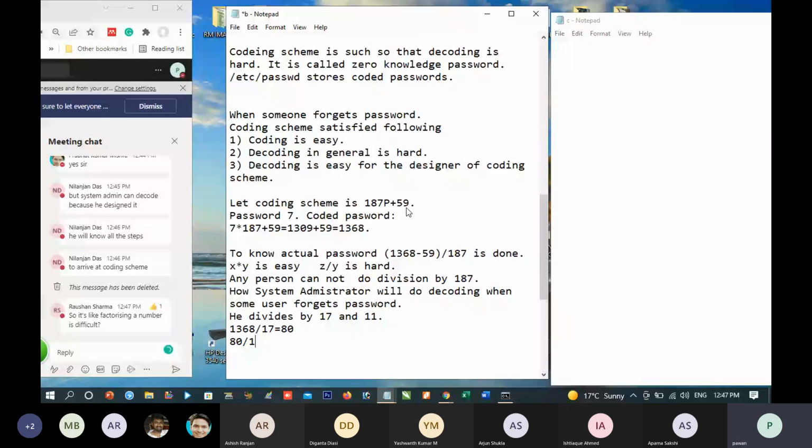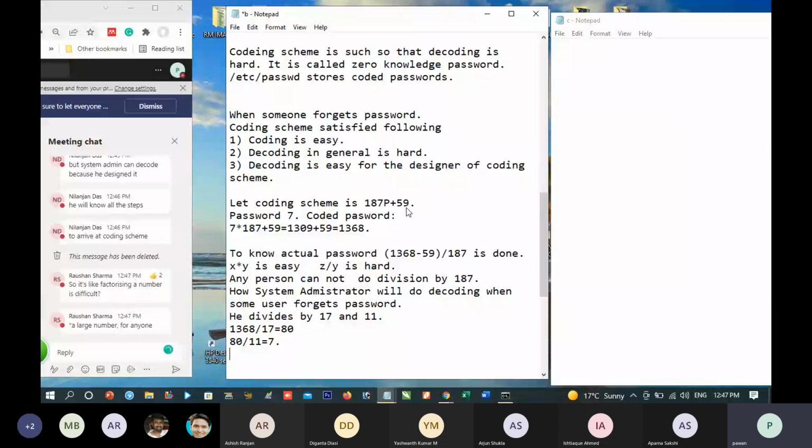That is correct. Okay. Any OS stores 187 P plus 59. But the system administrator knows the factors of 187.